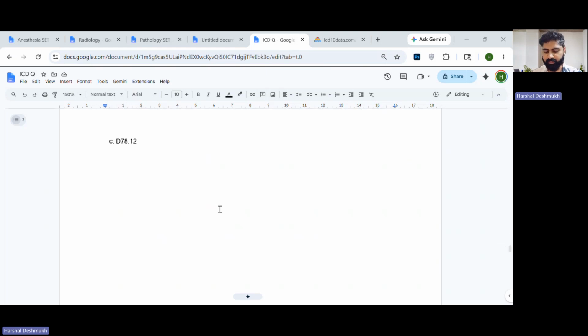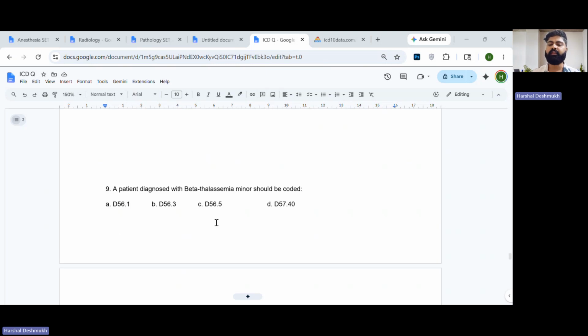Moving on to the next question, question 9. A patient diagnosed with beta thalassemia minor should be coded. This shouldn't take you more than 15 seconds. There you go.